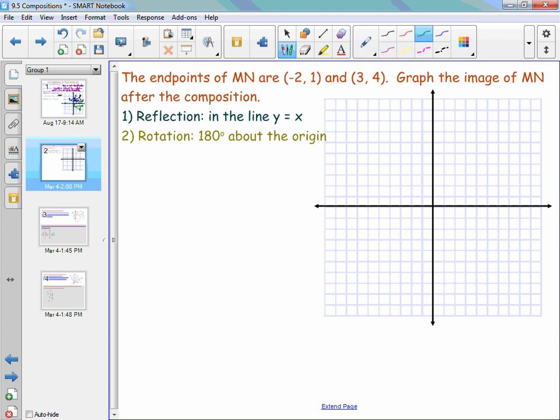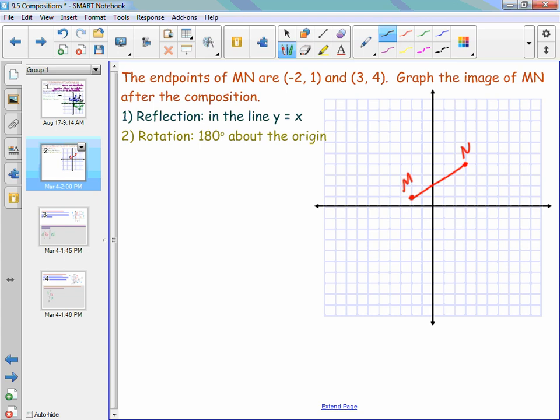Here's another example. The endpoints of MN are -2, 1, and 3, 4. Graph the image of MN after the composition. We're basically doing things we've done in the previous couple sections.